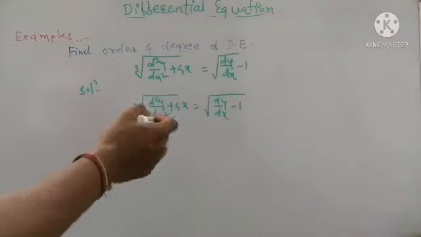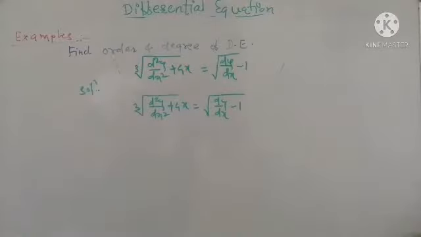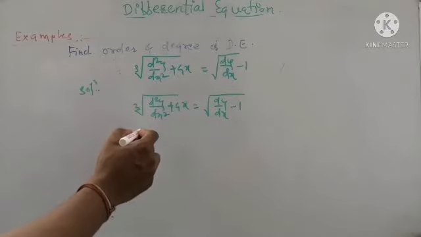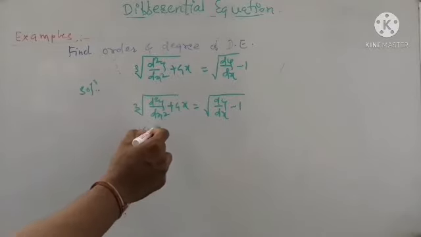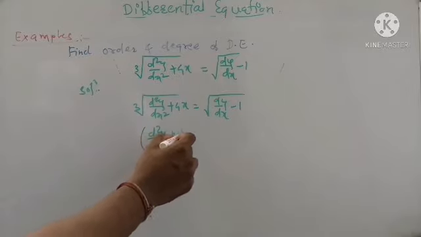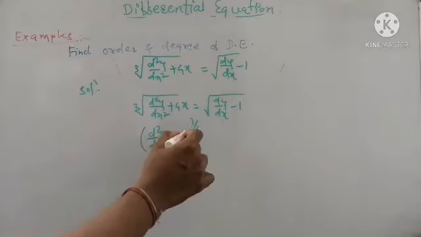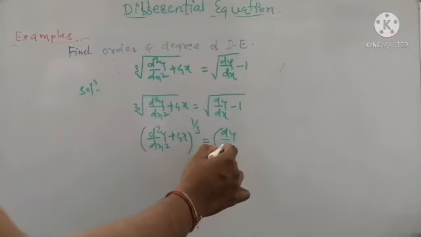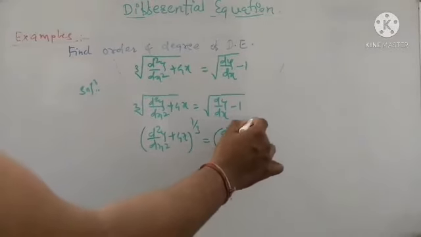In this example, as you can observe, there are two terms which contain a radical sign. For simplification we write this radical sign in the form of an index. First, on the left hand side we have a cube root, so we get the power of d square y by dx square plus 4x as 1 by 3, and on the right hand side there is a root, so we take dy by dx minus 1 raised to 1 by 2.